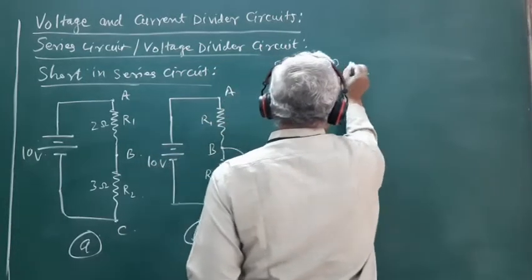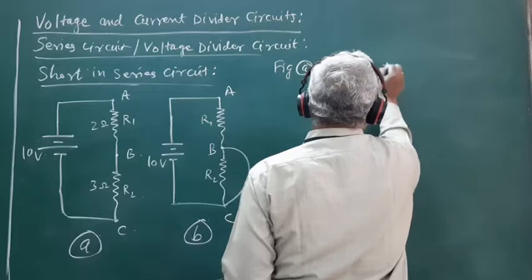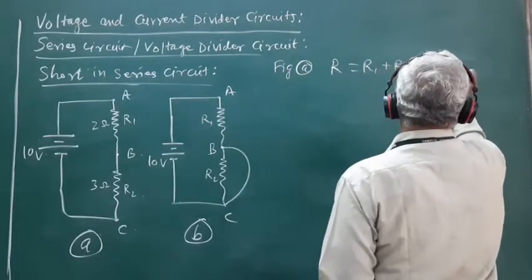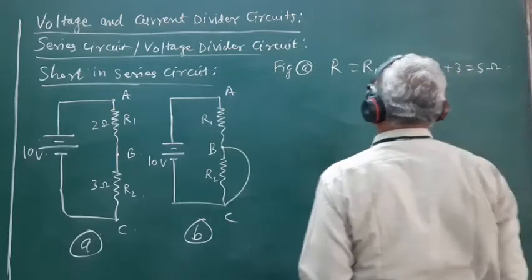the total resistance of the circuit is R1 plus R2, that is equal to 2 plus 3 equal to 5 ohm.